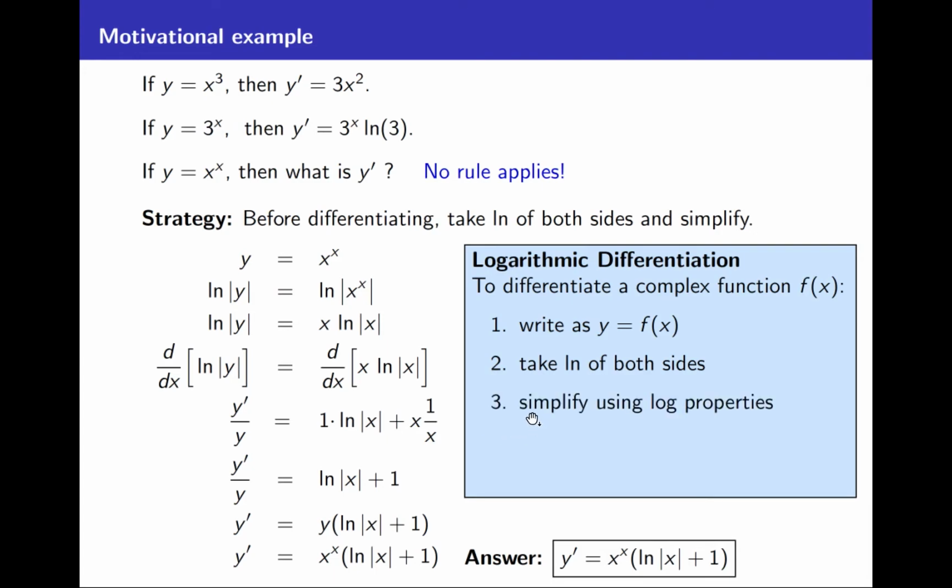Then thirdly, simplify using log properties, as we did here. Then step 4, differentiate implicitly. And finally, what's the last thing we did? We solved for y prime. That 5-step process is called logarithmic differentiation.